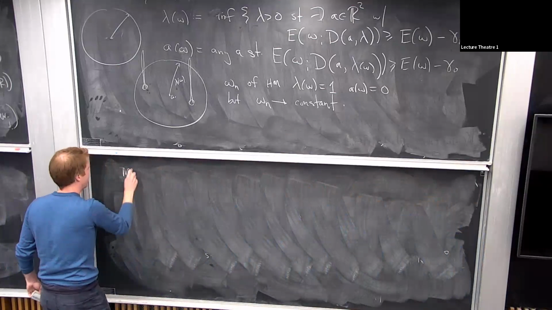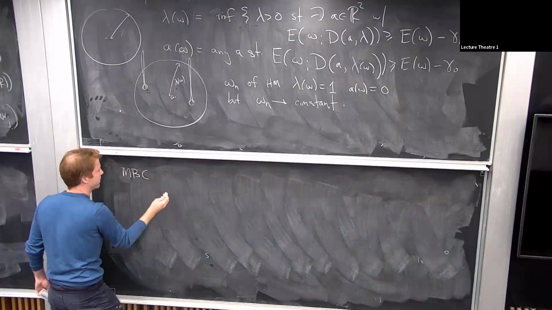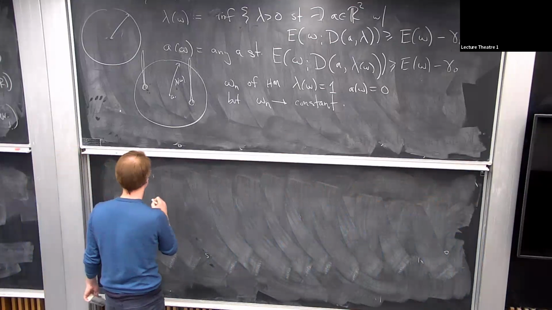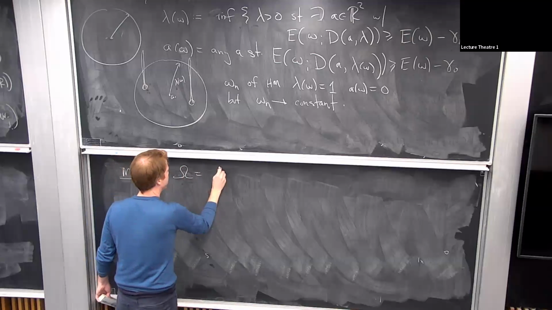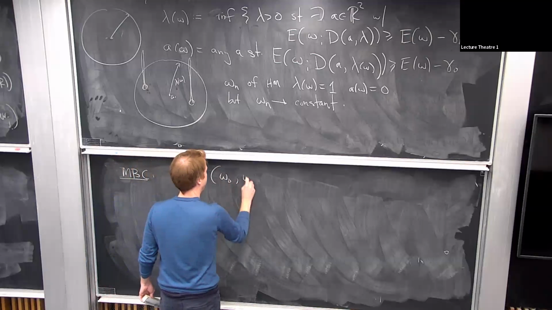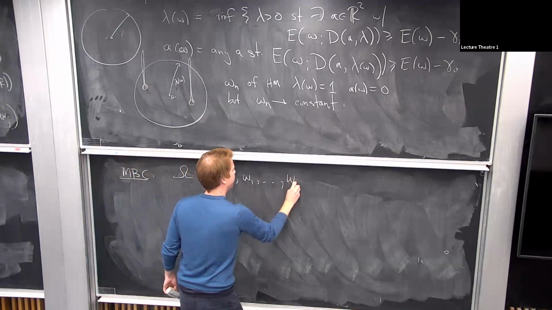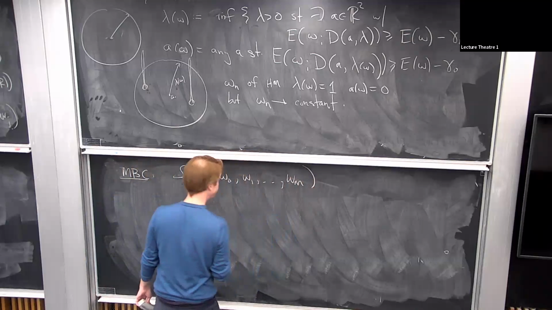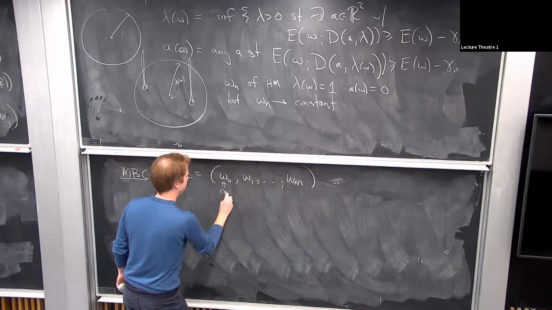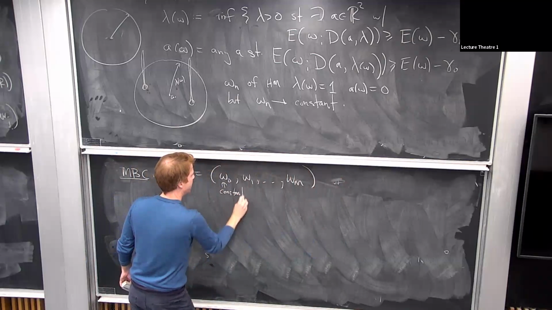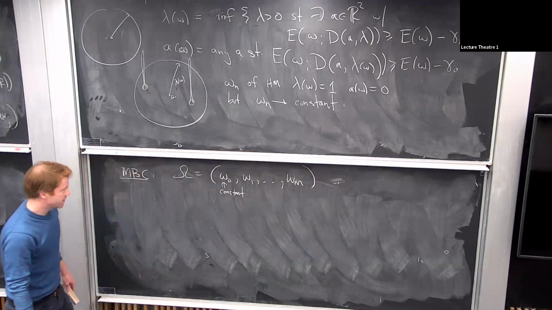A multi-bubble configuration, we'll call those MBCs. Let capital Omega be a finite sequence of harmonic maps, where the first element omega naught is a constant map, and then omega 1 through omega m are non-constant harmonic maps.